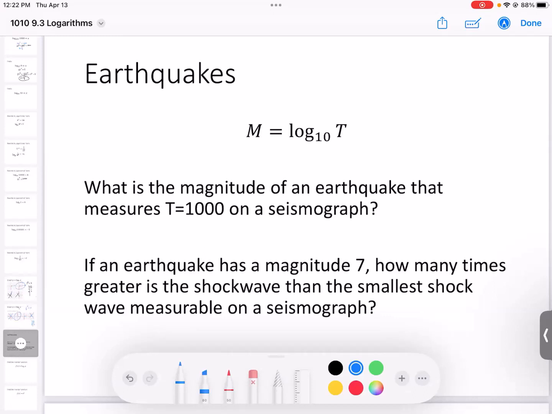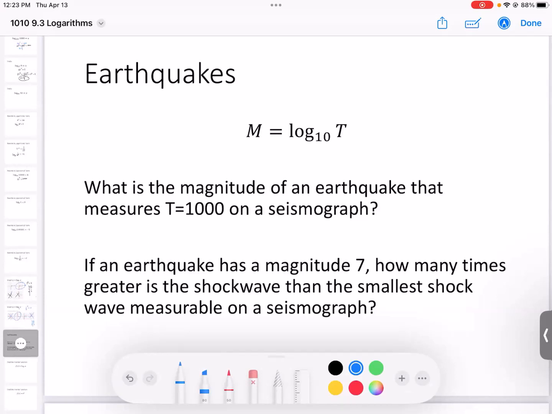Because if the earth is shaking, then your equipment that's resting on the earth will also shake. And so if T, which is the measurement of how much it shakes, equals 1,000, the magnitude of the earthquake is calculated as log base 10 of T. So on your homework, you'll have a couple word problems where they'll give you this equation for the magnitude of earthquakes.